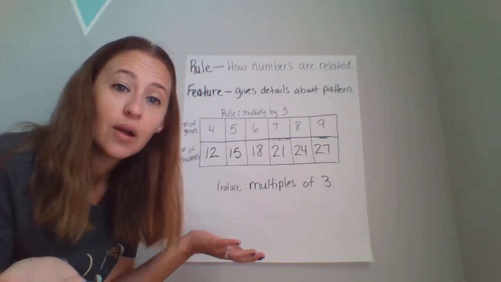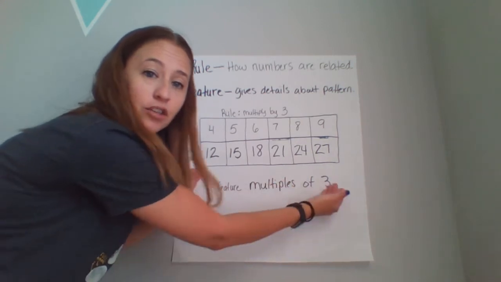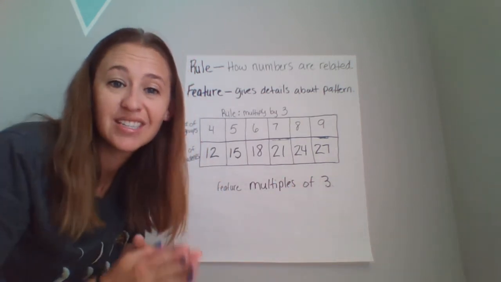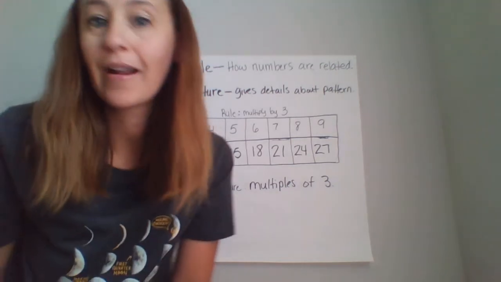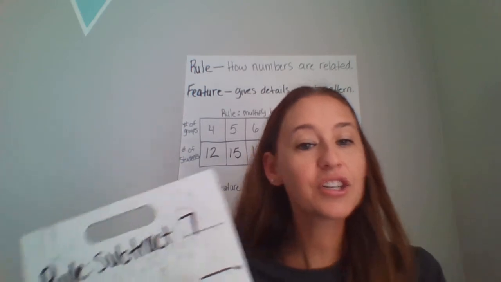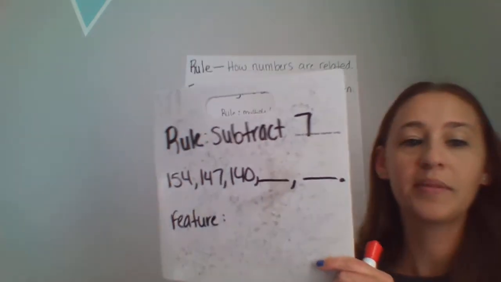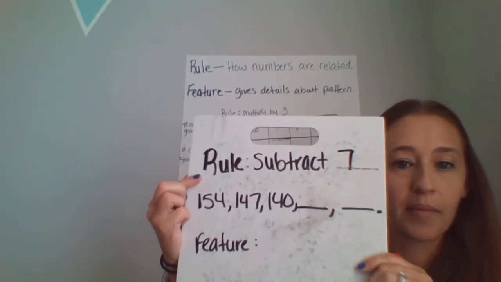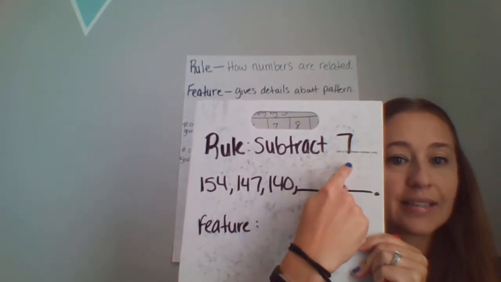If you can figure out what the rule is, you can fill in your tables. Or sometimes there's not even a table. It's just a list. So we're going to take a look at that right now. I took this example from your lesson that you're going to be doing, which is 14-1. The rule for this problem is subtract 7.